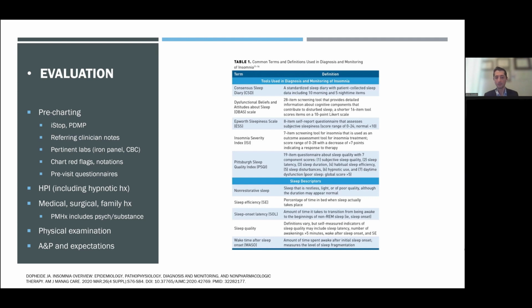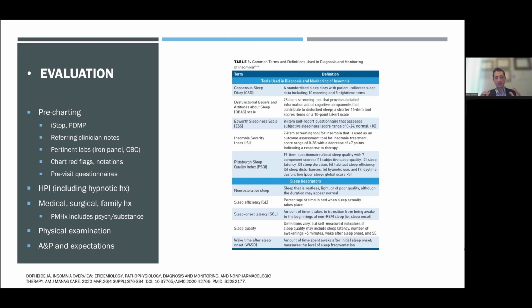Their scores might be 3, 4, or 5 out of 24. They will describe it as, I am tired but wired. And so they can't nap, and they feel like they're not sleeping at night. They have a perception of a lack of sleep quality at night, and their Epworth Sleepiness Scale may not be particularly elevated. And that may be what you find in a patient with insomnia when they come into the office.